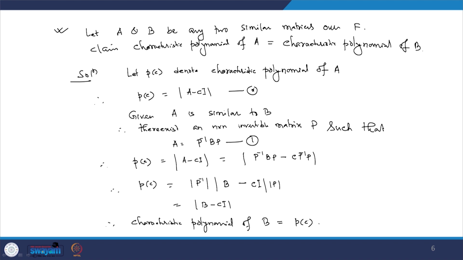In terms of linear operators, one can say it similarly. Suppose T1 and T2 are two linear operators defined on a finite dimensional vector space V, where T1 and T2 are similar, I mean there exists a linear operator, say U, such that T1 equals U inverse T2 U. In this case the characteristic polynomial of T1 and the characteristic polynomial of T2 will be the same.